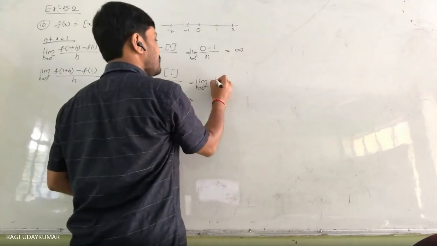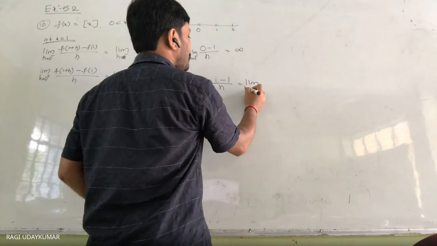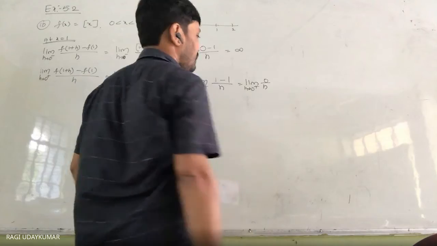So we are going to get this result 1, minus 1 by h, which equals limit h tends to 0 plus of 0 by h.